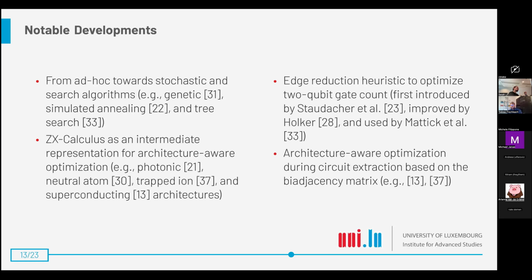And I think this is also a part where ZX calculus can be incorporated in the future, because it's uniquely positioned as the idea is architecture independent, but the optimization algorithms that we use in the end can use this framework to make it architecture aware.